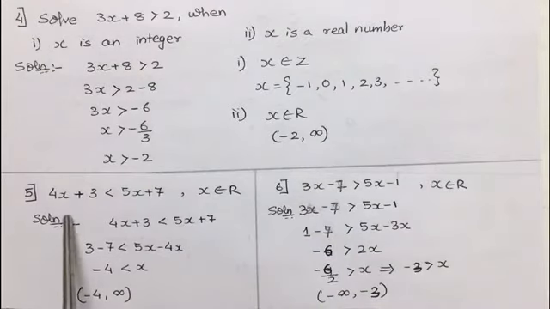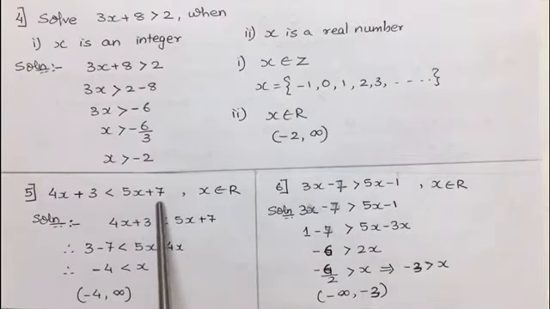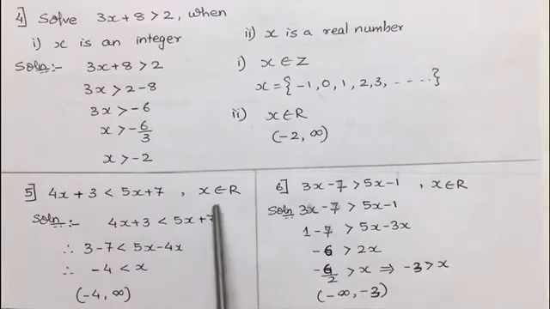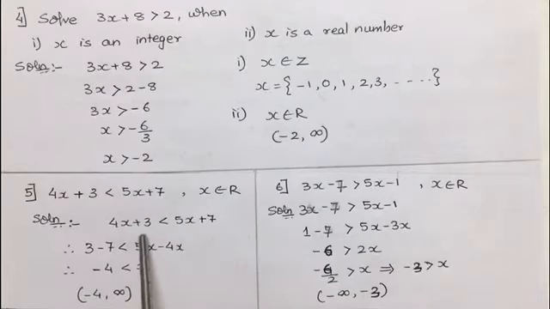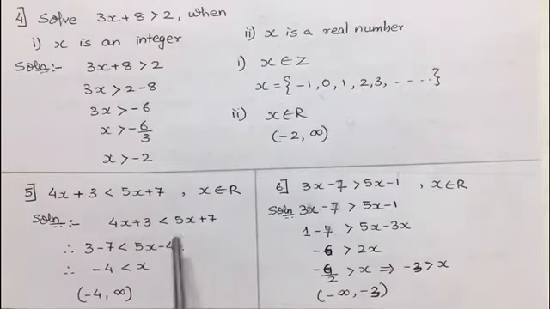Now the fifth one given is 4x plus 3 less than 5x plus 7, x belongs to R. Only we have to calculate for the real numbers. So solving it just like an equation, shifting 4x to the other side, it becomes 5x minus 4x plus 7, and shifting 3 to this side becomes 7 minus 3, that is 4 on the other side.